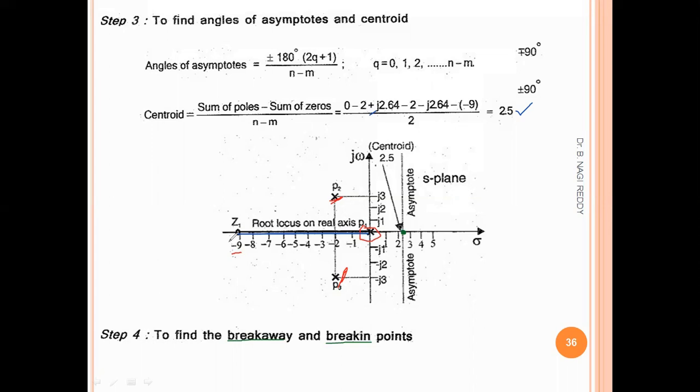It has to be positive and real; only then will we get breakaway as well as break-in points for those s values. So use this procedure and calculate. You won't get any breakaway or break-in points.